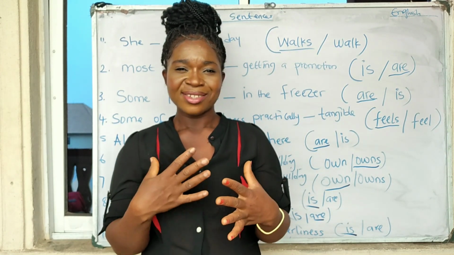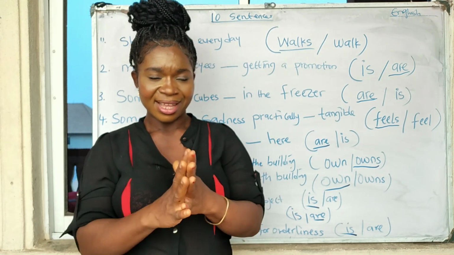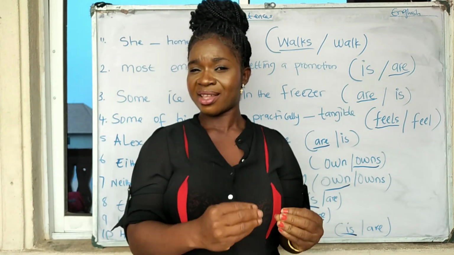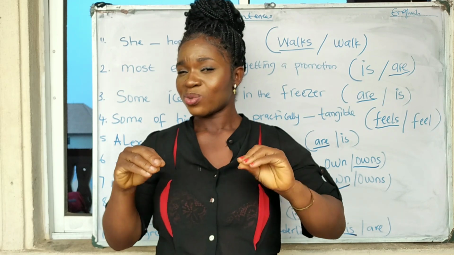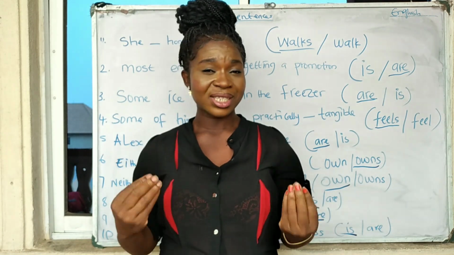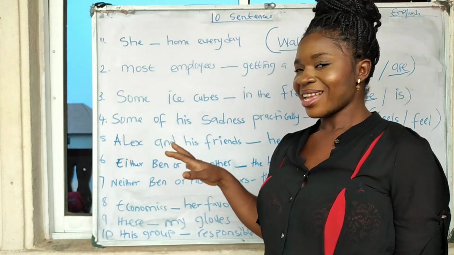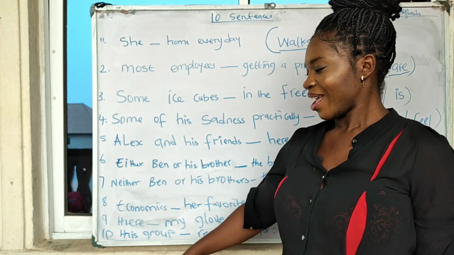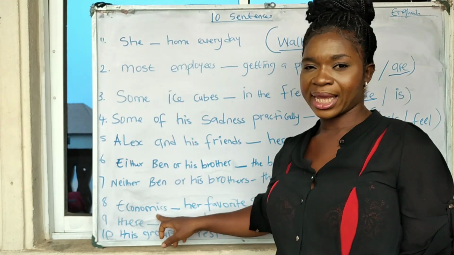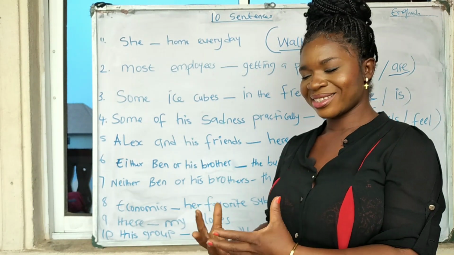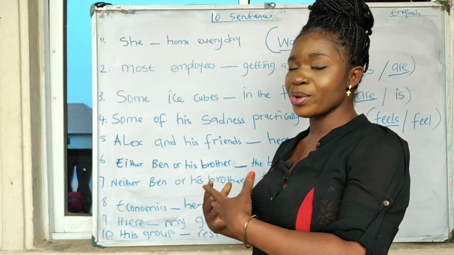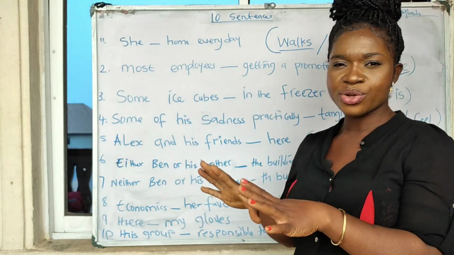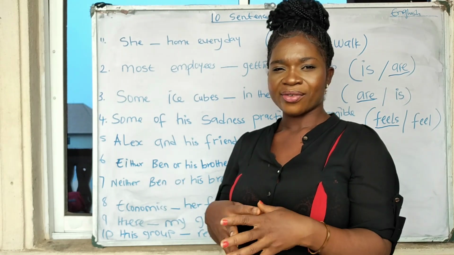Do you understand? Those nouns that are being considered subject of a sentence that end with S are still considered singular. So let's look at this number 8 right here. We take away S, we have economic. It makes for an entirely new meaning. For instance, you have news. If you take away the S, you have new.